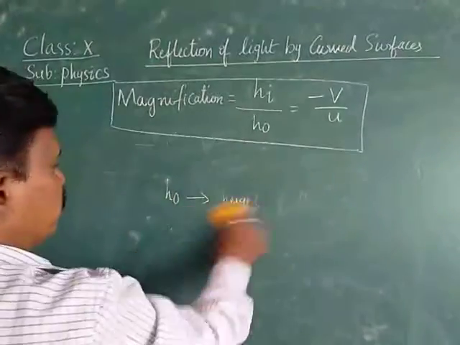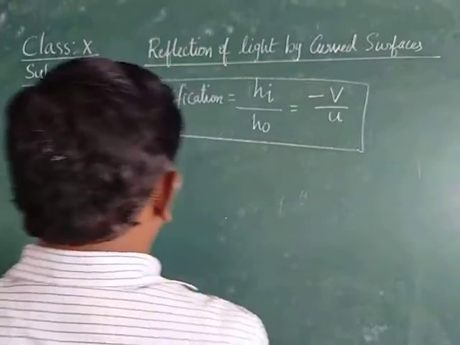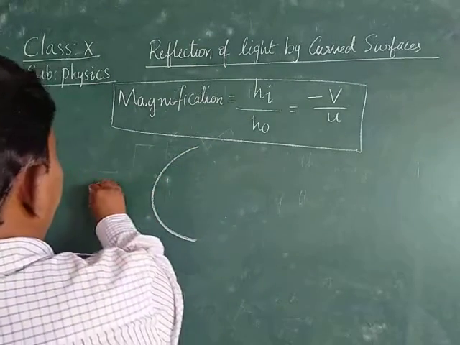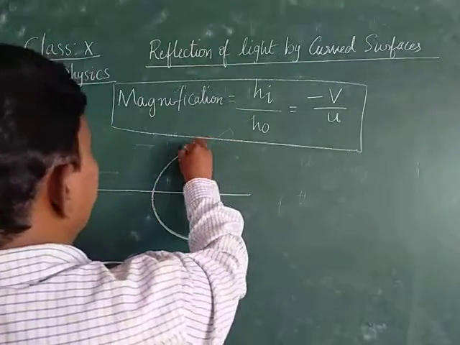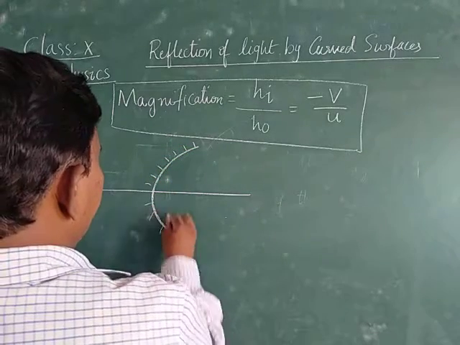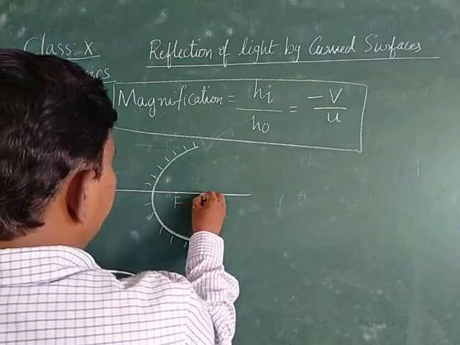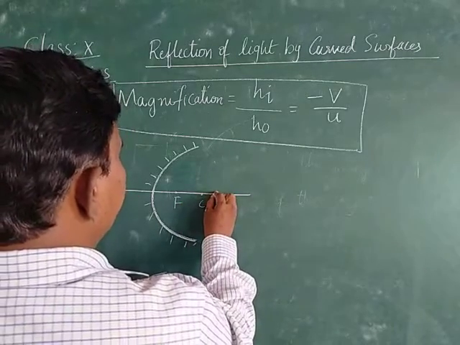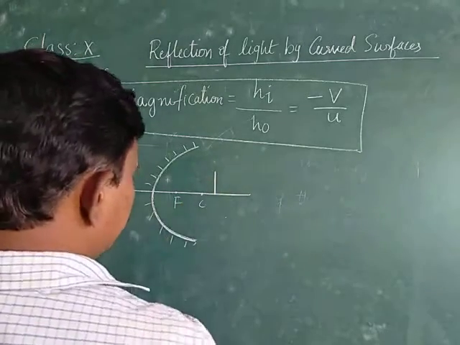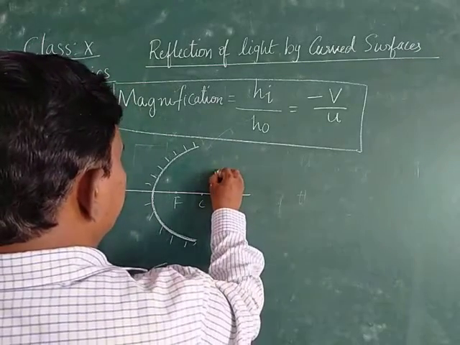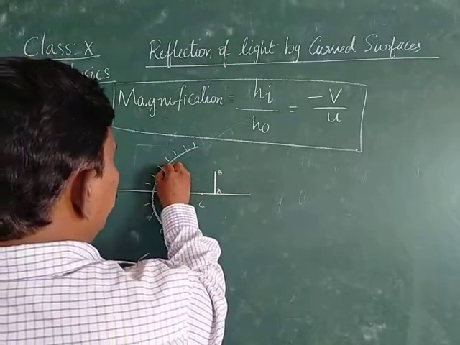Here, if we take a concave mirror with the focal point and center of curvature, let us take an object above the principal axis, beyond the center of curvature.